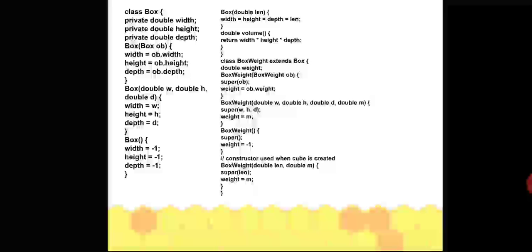Because you are passing one double value, so obviously the last constructor, Box of double length, that constructor will be called. And after that you are assigning m to the weight variable. Fine. This is how you can use the super keyword. Using the super keyword you can pass values to the constructor of the immediate superclass.